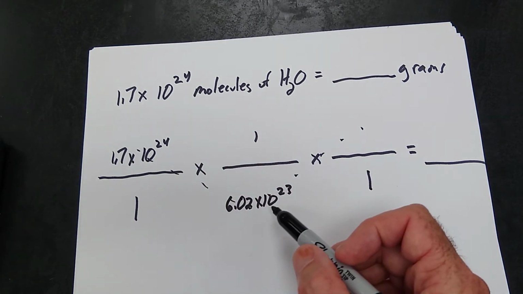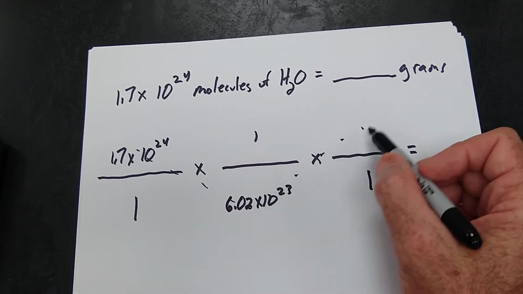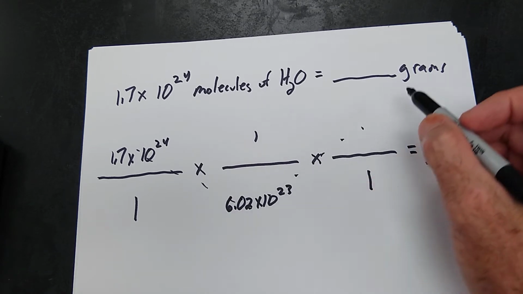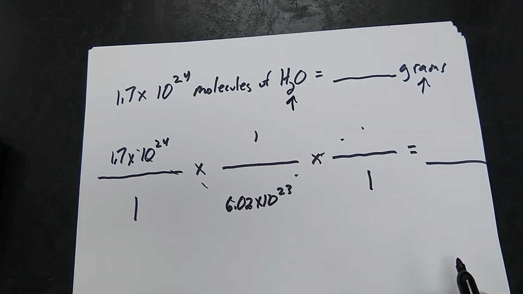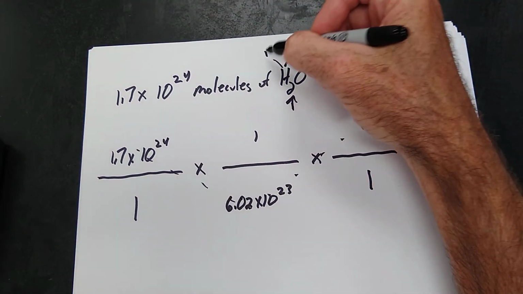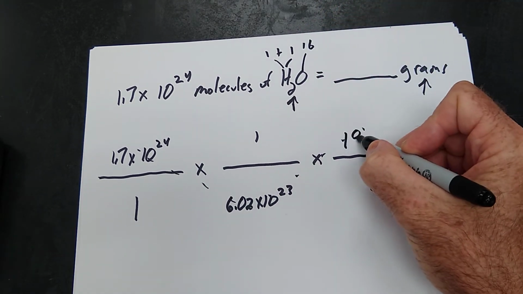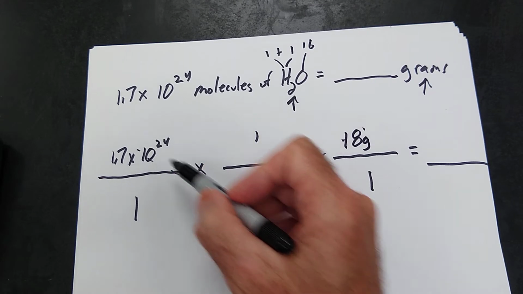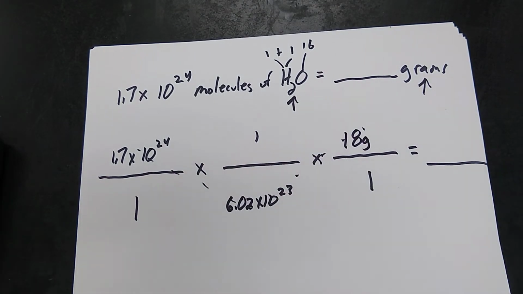Let's keep going. And then it goes times the proper number for what you're asked for. We are asked for grams. So what is the proper number for H2O in grams? It is 1 plus 1 plus 16, 18 grams. I'm going to let you work this equation now, and you tell me what the answer is.